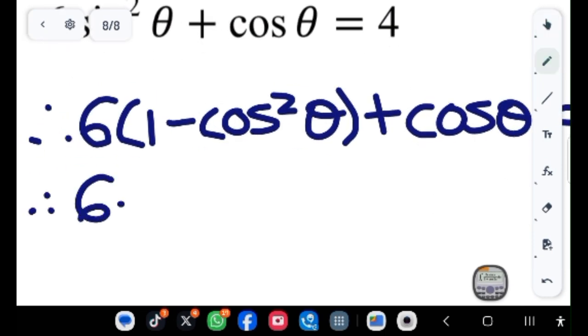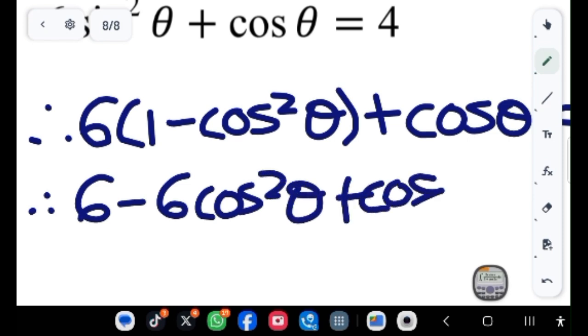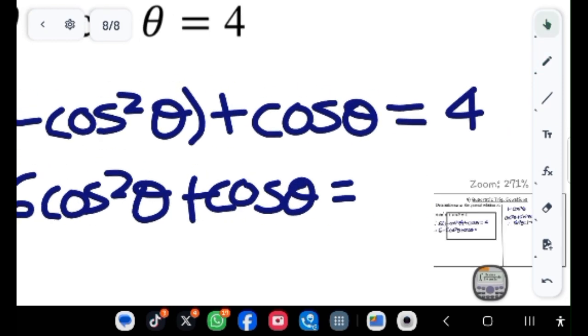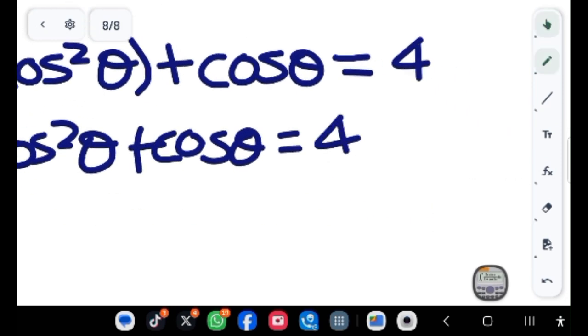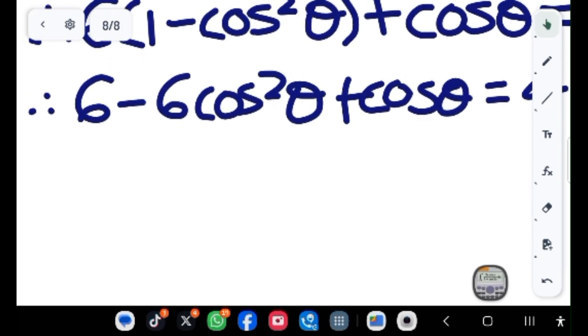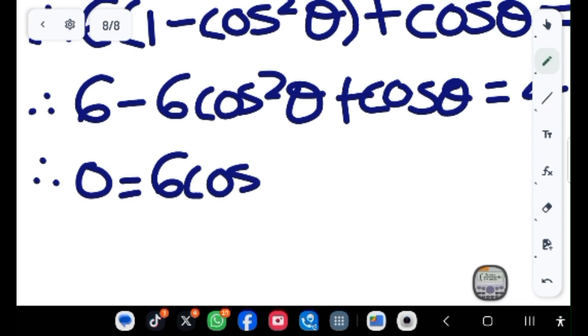So now you expand. That is equal to 4. Take everything to the right hand side. Therefore, 0 will be equal to 6 cos squared theta minus cos of theta.